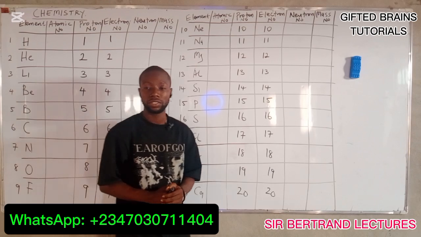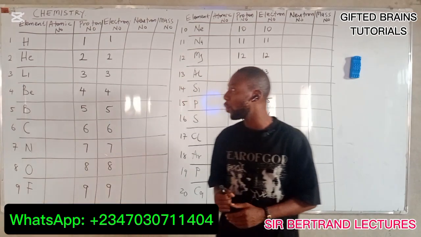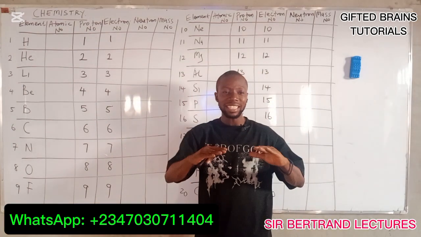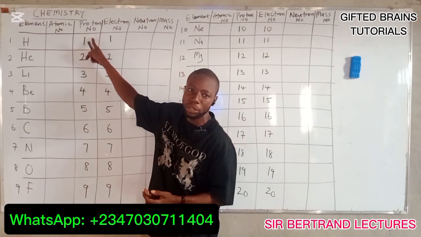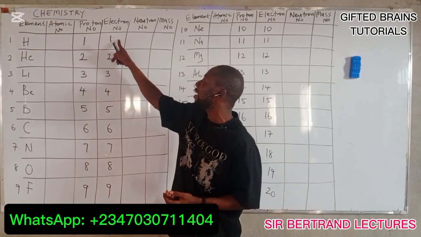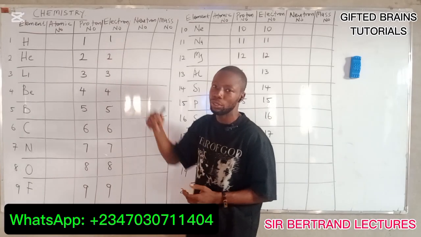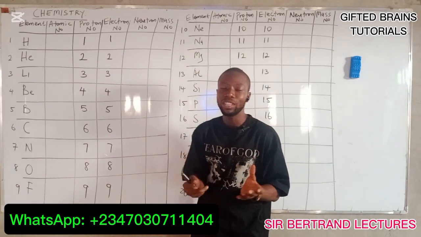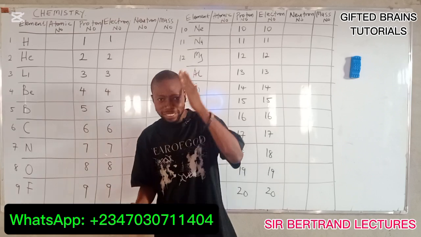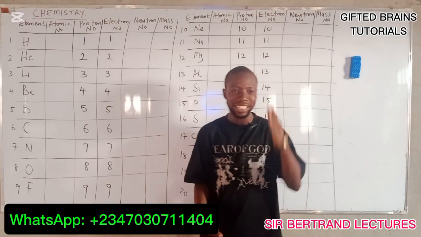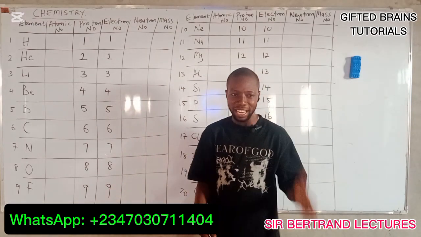And this is because I told you in the last video that an atom is electrically neutral, right? Because proton, which is positive, is equal to the electron, which is negative. In every atom, the number of positive entity, which is proton, is also equal to the number of the negative entity, which is electron.